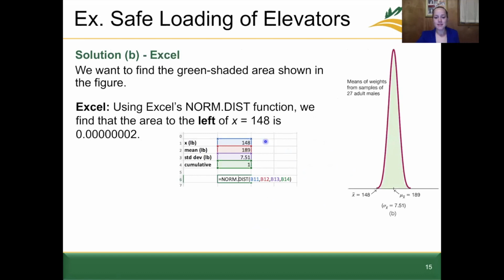So now so far, we have our x value, we have our mean, and we have our standard deviation value, where the mean and the standard deviation value are for our sample mean, or x bar, where the sample mean we're interested in is for those 27 randomly selected adults. Now for our cumulative value, we still want this full area to the left because right now we're just looking at 27 randomly selected adults with a mean value greater than 148.